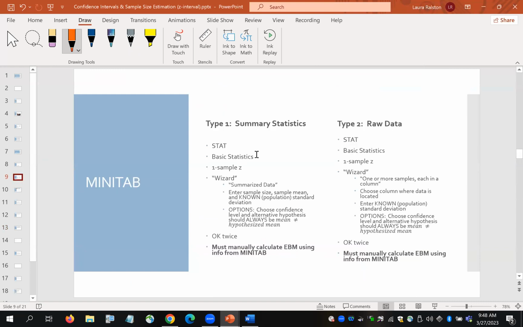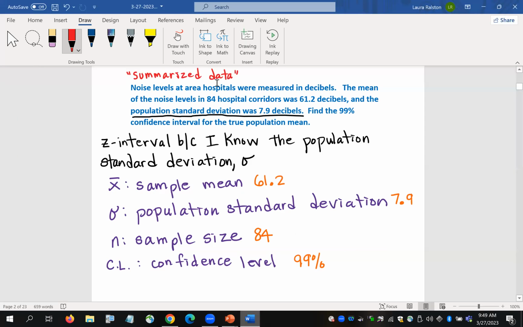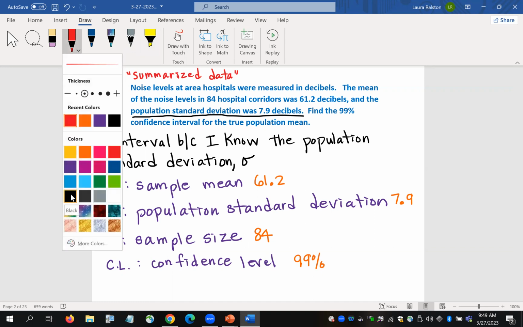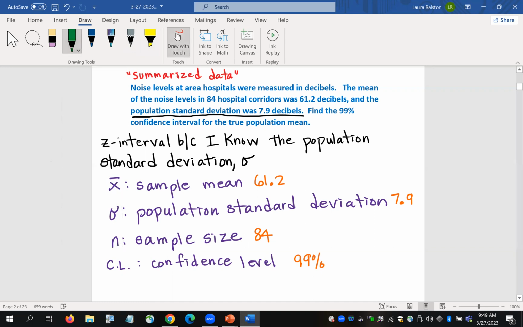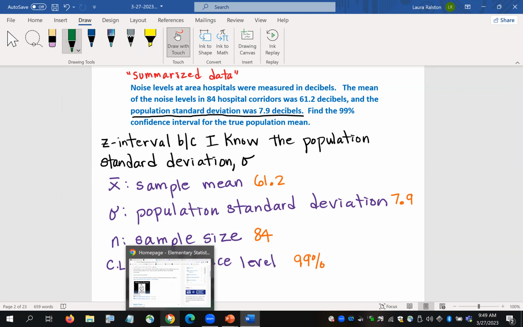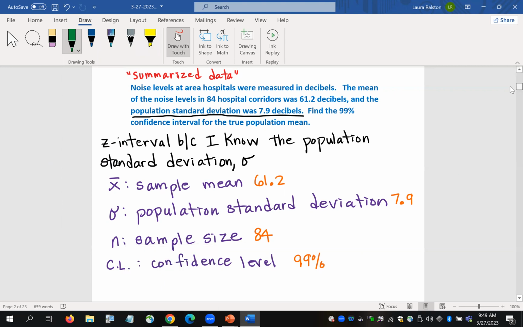You have the steps for summarized statistics or the steps for raw data. Remember, raw data is where they list out the data or list out the numbers. So this problem is summarized data. So then I need to go out to Minitab and get my values. Okay. So let me scroll down a little bit.